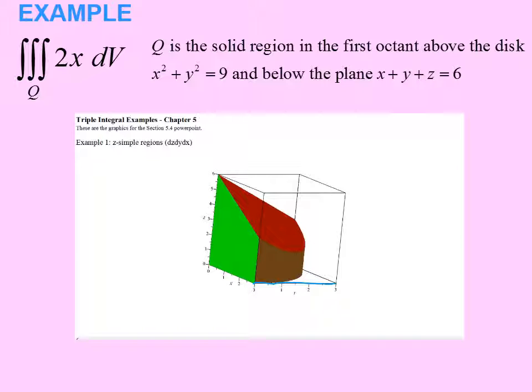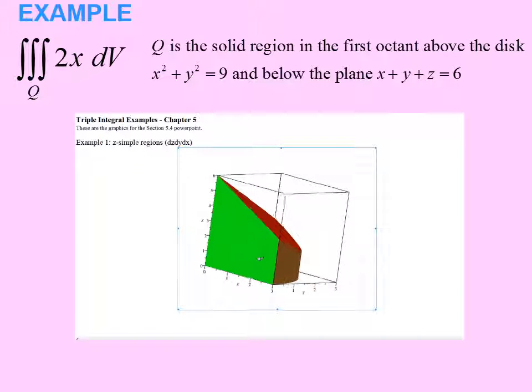If we make lines parallel to the y-axis, you can see up in here a line that's parallel to the y-axis is going to go through this green surface and this red surface. Down here, however, a line parallel to the y-axis is going to go through the green surface and the gold surface. So this is not y-simple because it doesn't go from one surface to another all the time.